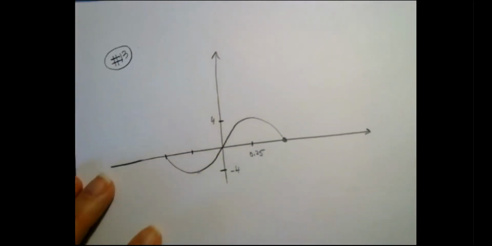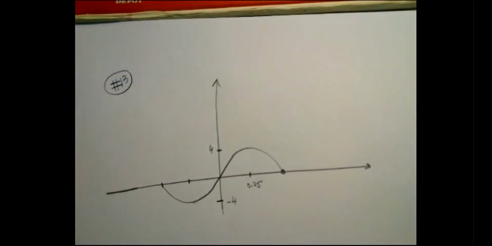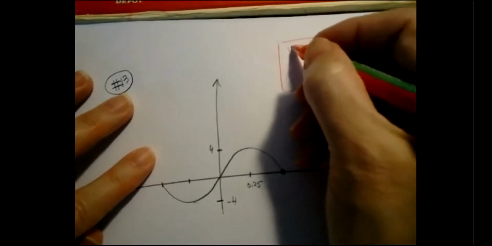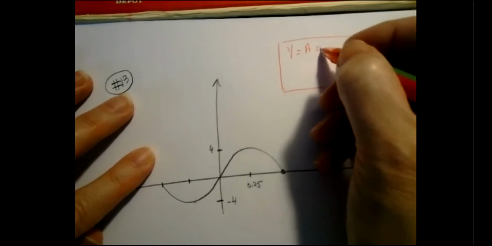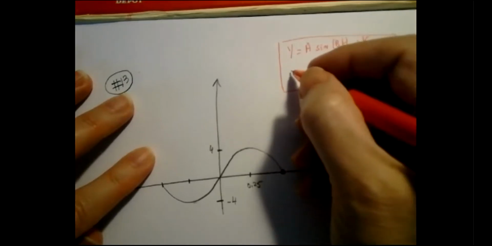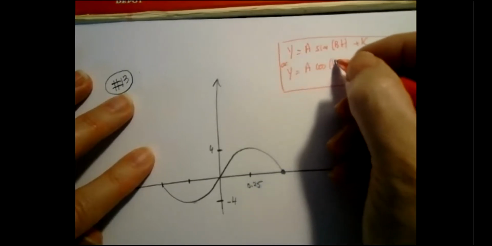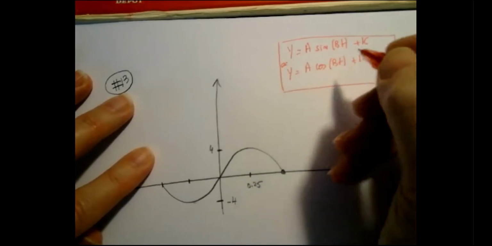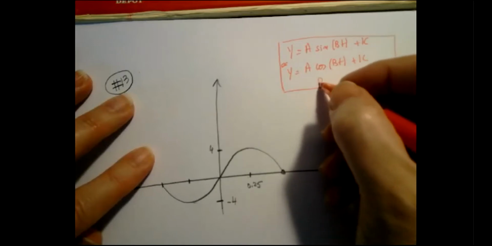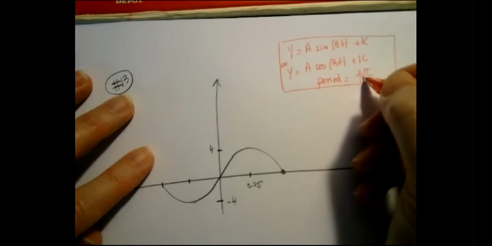All right. So the formula we're looking for is something of that format. Y equal A sine bt plus k, or y equal A cosine bt plus k. And the b, that's the only thing that usually you may tend to forget, that the period is 2 pi over b.